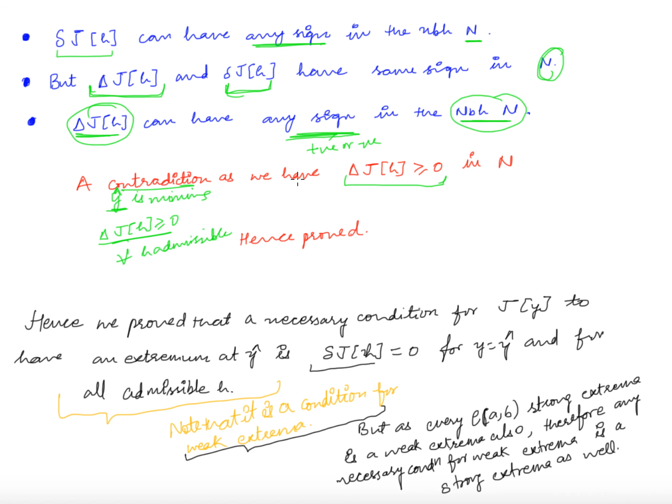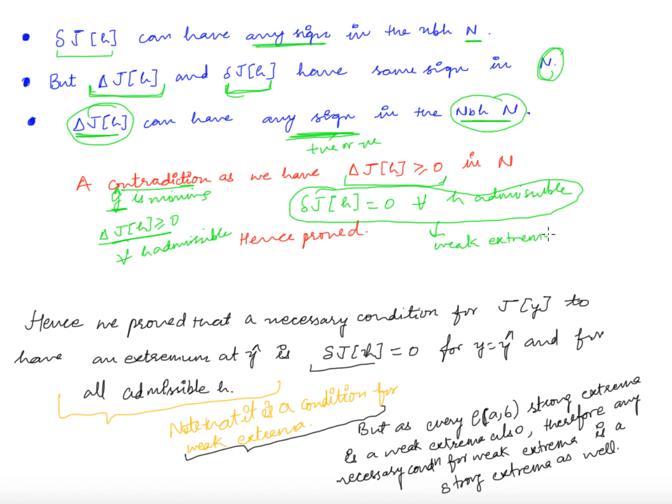This is the definition of when you say that this functional admits a minimum value at y hat. But by contradiction, you have reached a place where this thing can have any value, positive or negative, in this neighborhood N. This is a contradiction, so our supposition is wrong, and delta J of h is equal to 0 for all admissible h. This is a necessary condition for a functional to have a weak extremum at y hat.